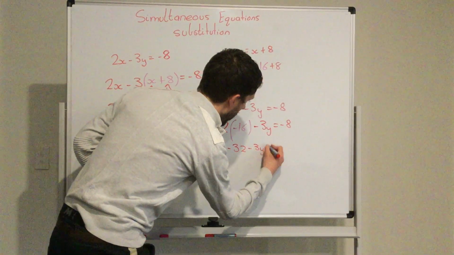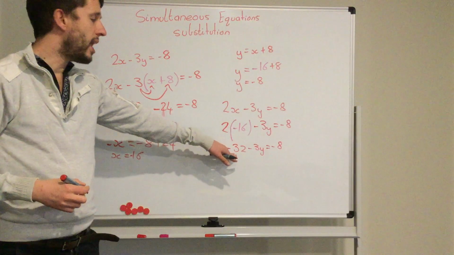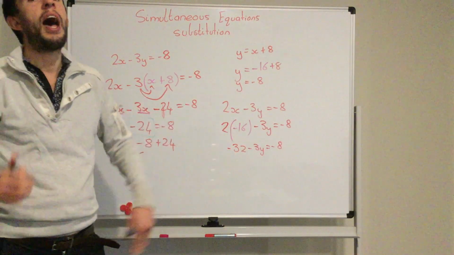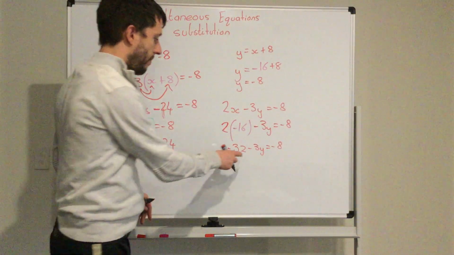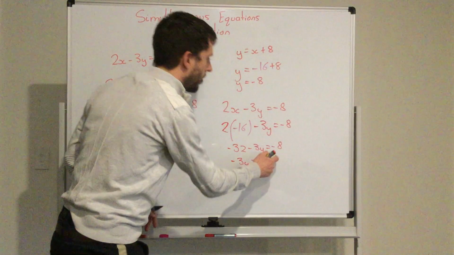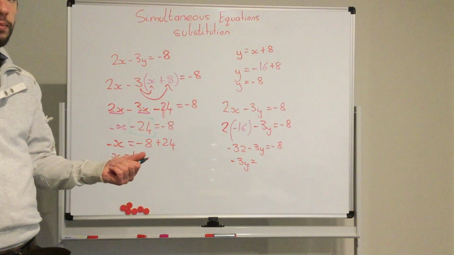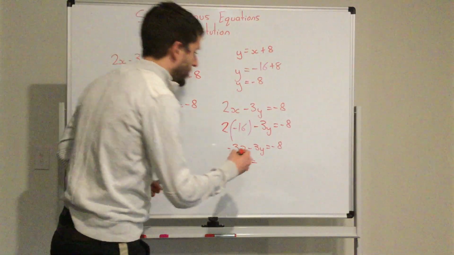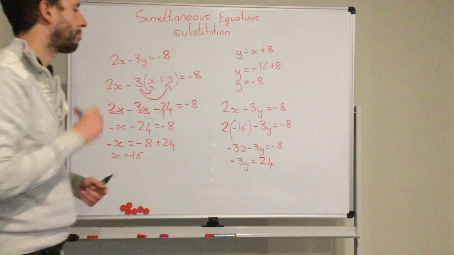Take 3y equals negative 8. I want to get negative 32 off this side, so I add 32. So if I add 32 to both sides, it cancels out here and it becomes negative 3y equals negative 8 plus 32 equals 24.